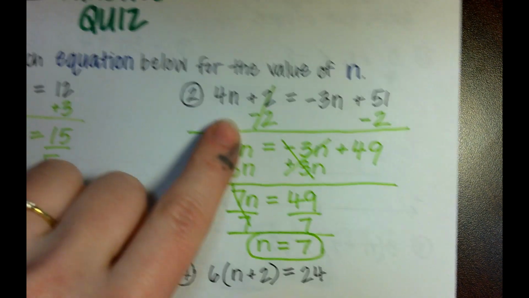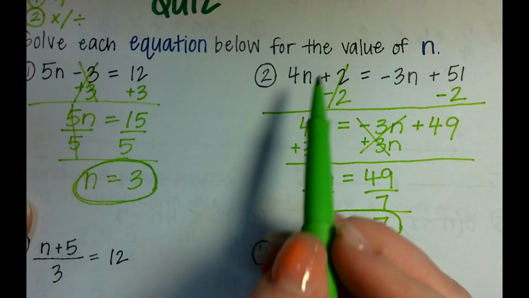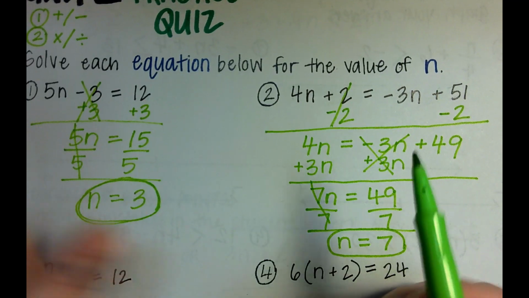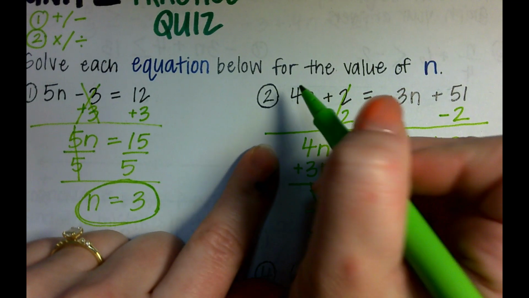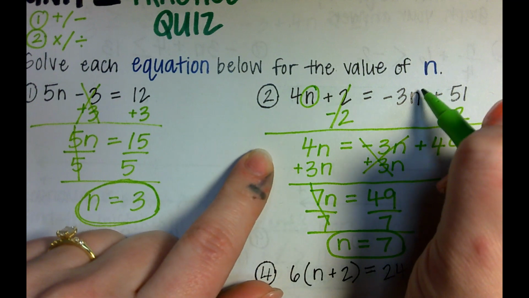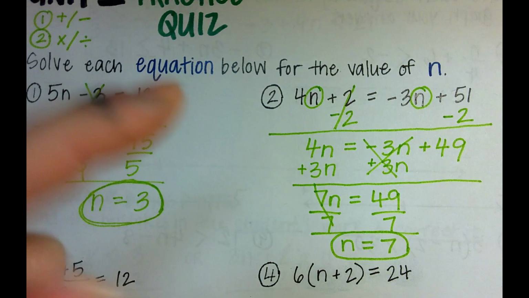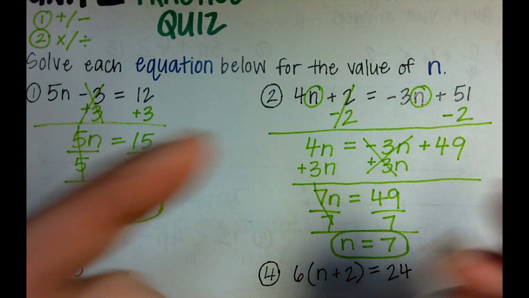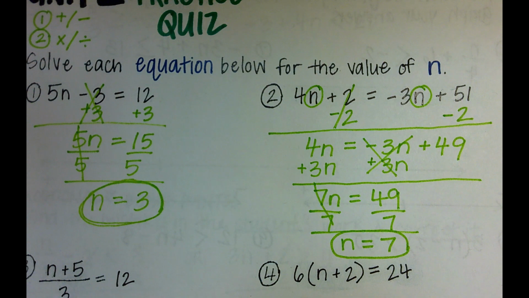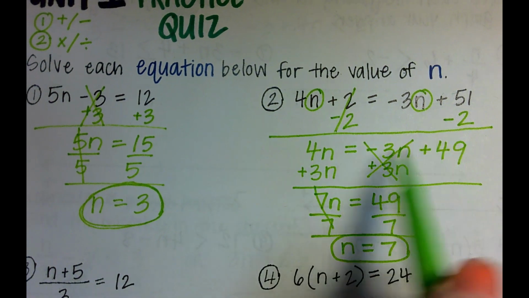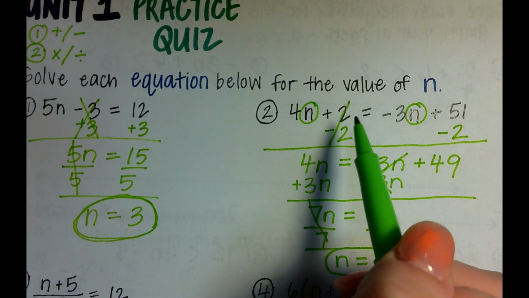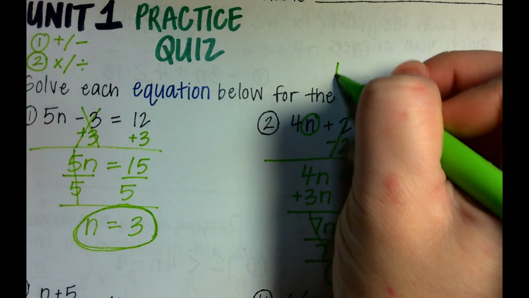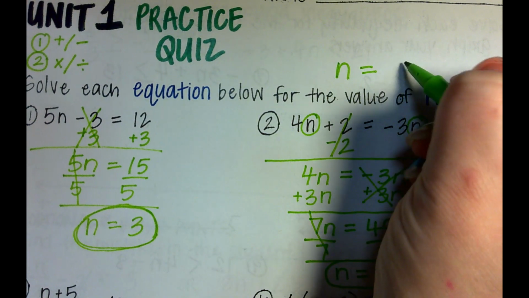Whenever we are solving an equation, we're trying to find what number I can replace my variable with to make this problem true. And in order to figure that out, we have to do some rearranging. So as we rearrange all of these things, our goal is to get n equals a number.